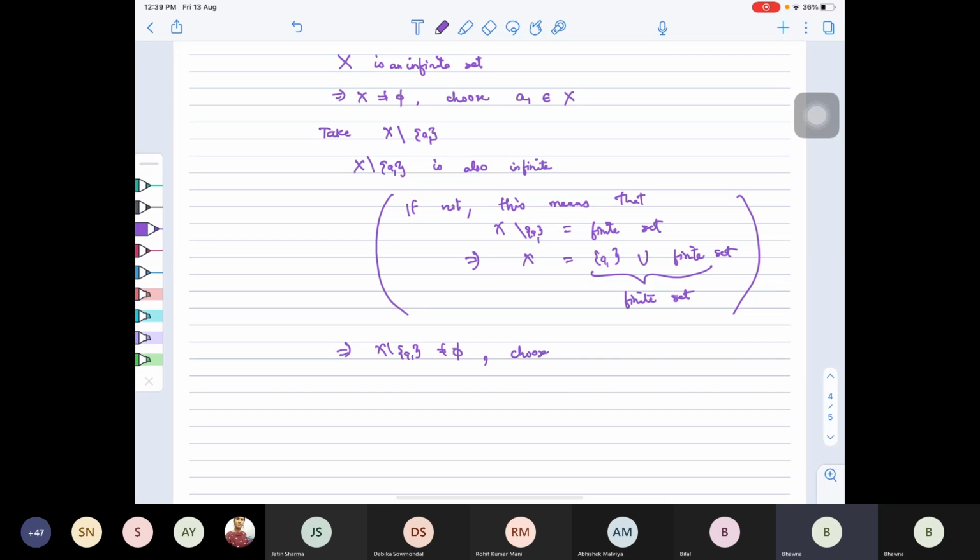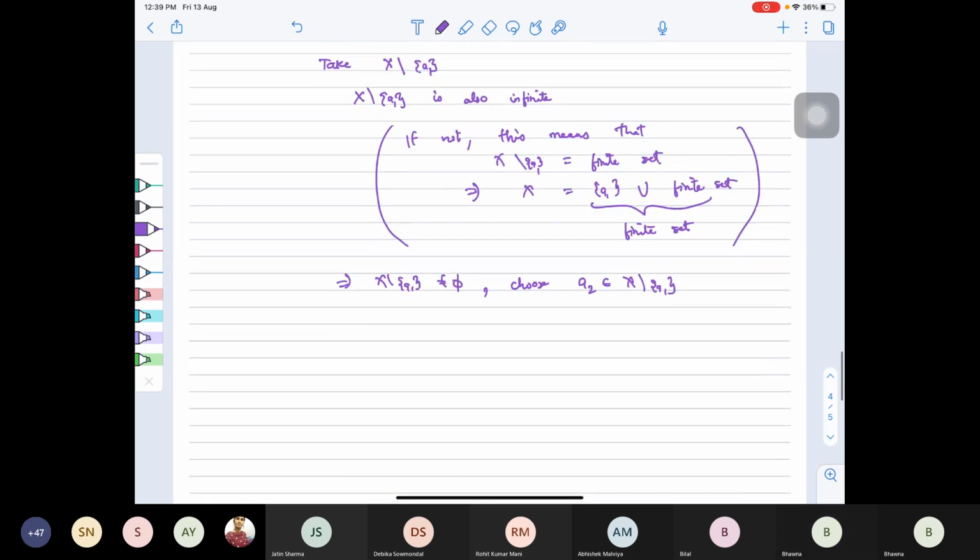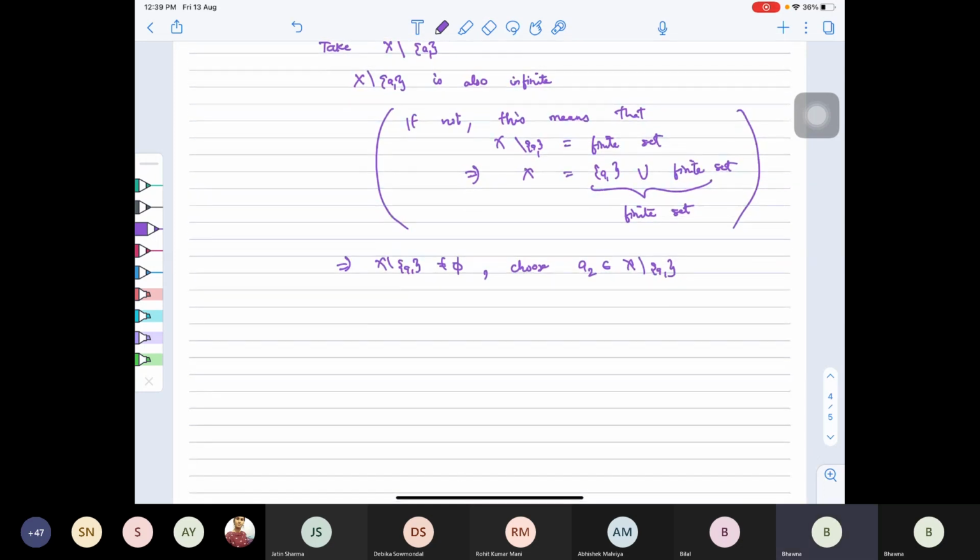So I can choose A2 in X minus A1. Now I have two different points, A1 and A2, from X itself.